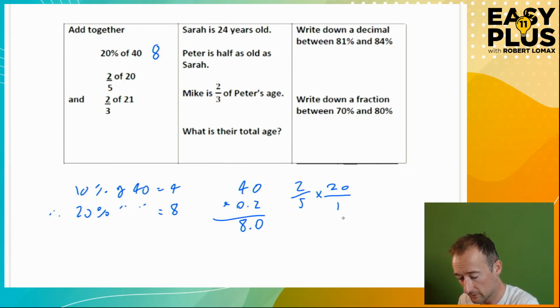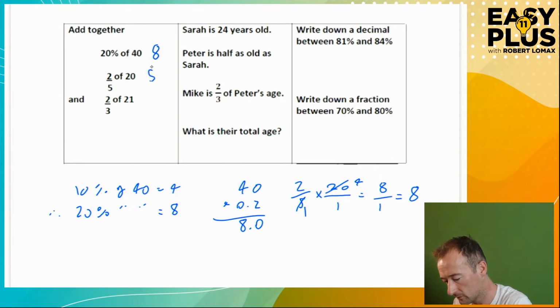Can we cancel? 2 and 5 don't cancel, 2 and 1 don't cancel, but only when you are multiplying fractions, not dividing, not adding, not subtracting, but when you've got a nice multiply sign in the middle, you can also cancel, magic trick, diagonally. 5 and 20 cancel. 5 goes into 20 4 times. 2 times 4 is 8 over 1, which is 8. Okay, so 2/5 of 20 is in fact also 8.